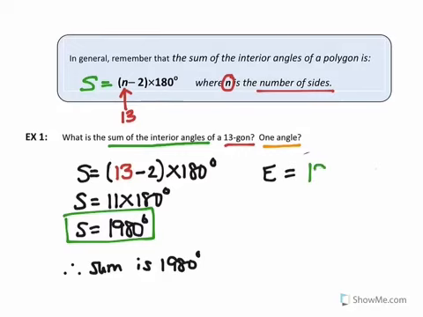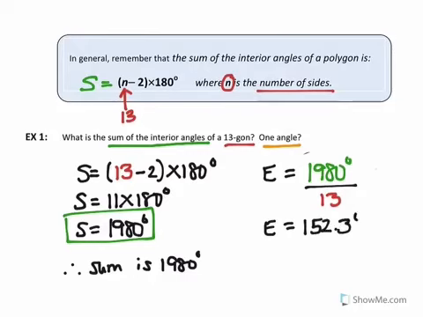Take the total, 1,980, and because I want to know what each one is, and there are 13 angles, I'm going to break that big sum up into 13 pieces. So each angle should be about 152.3 degrees.